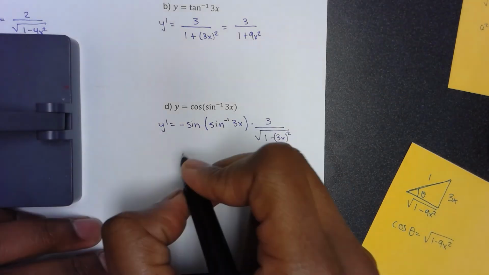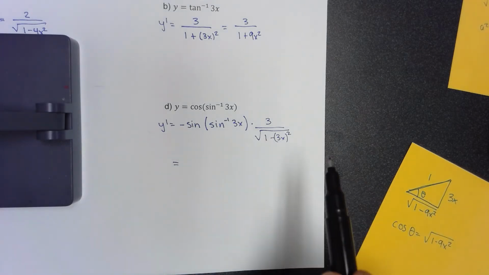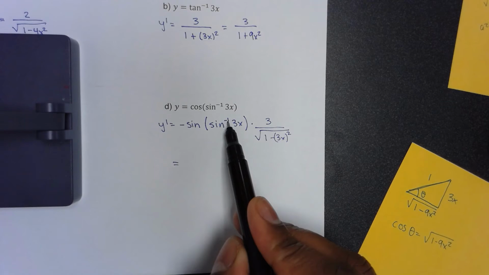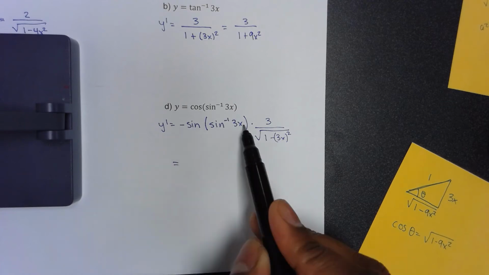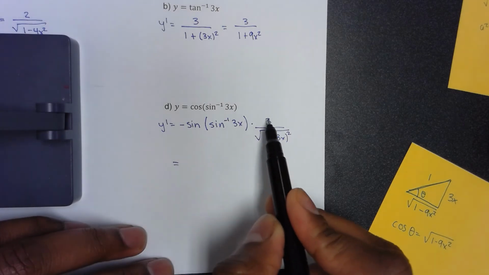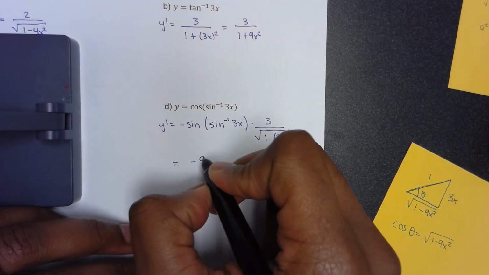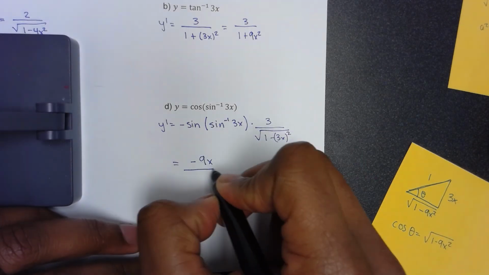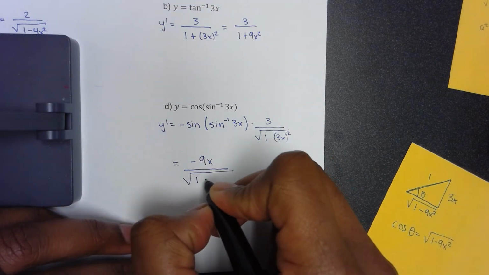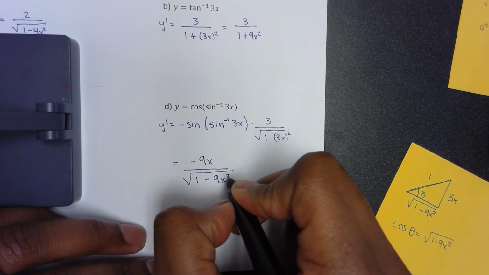Now, one thing we should know from analytic geometry is that these two get rid of each other. So sine and sine inverse cancel and give you whatever follows. So there's going to be negative 3x times 3. That's going to be negative 9x over the square root of 1 minus 9x squared.